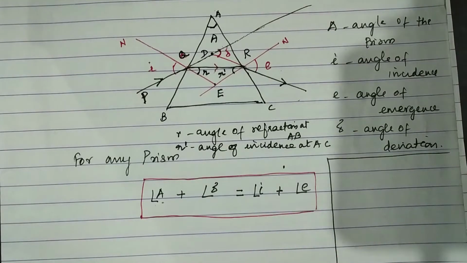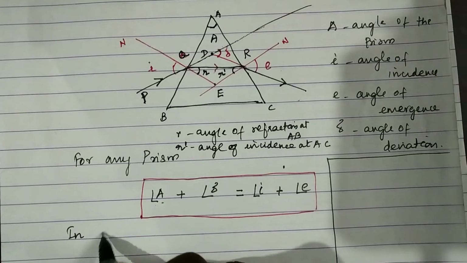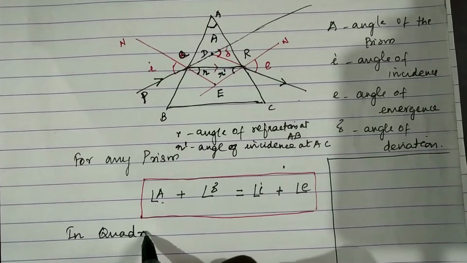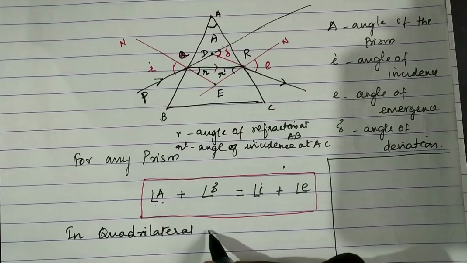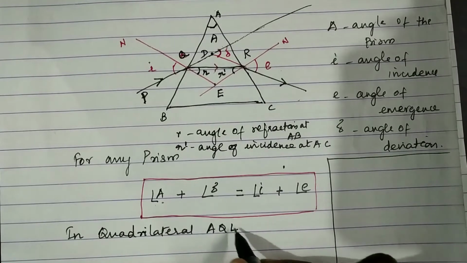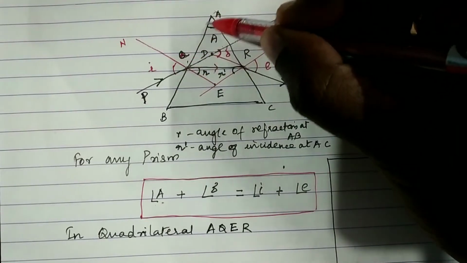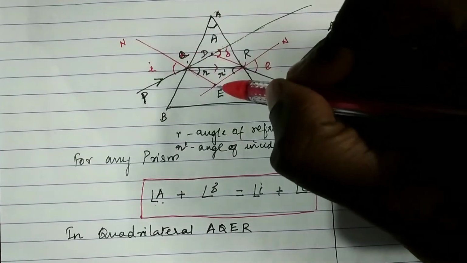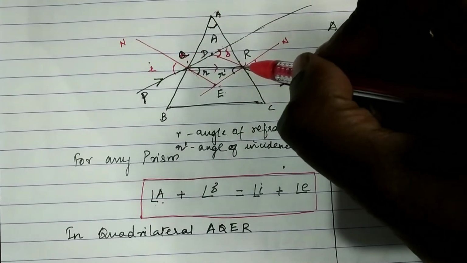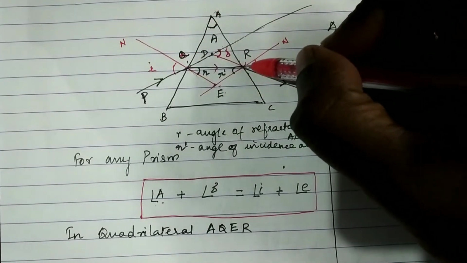Okay. Now see, let us take quadrilateral AQER. In a quadrilateral, the sum of all the angles will be equal to 360 degrees.